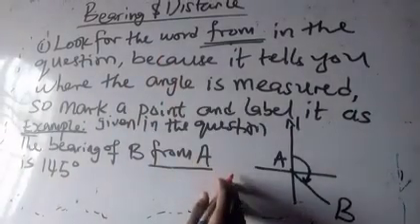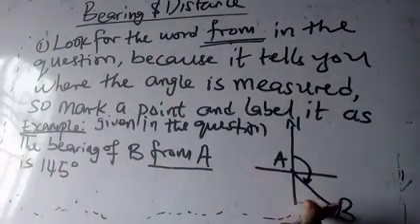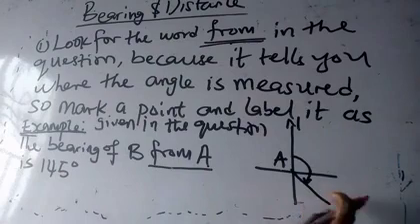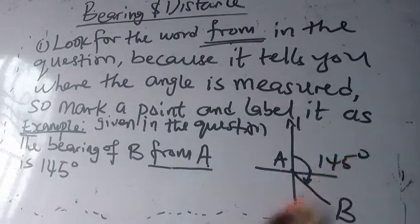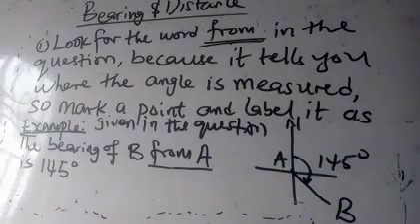From A is 145. The bearing of B from A is 145 degrees. That is the number one thing you must look out for when you are dealing with bearing-related questions.